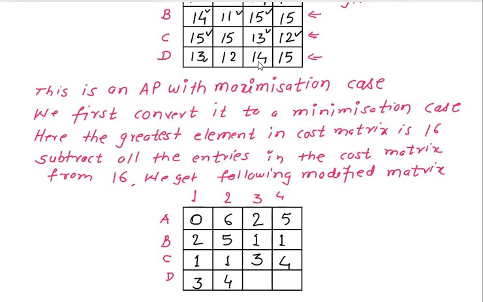Subtract 14 from 16, we get 2. And subtract 15, we get 1. Now this is the modified or revised matrix, on which we apply the usual algorithm, that is, the Hungarian method.